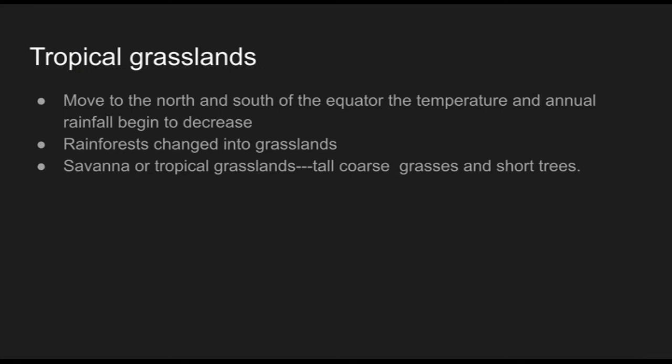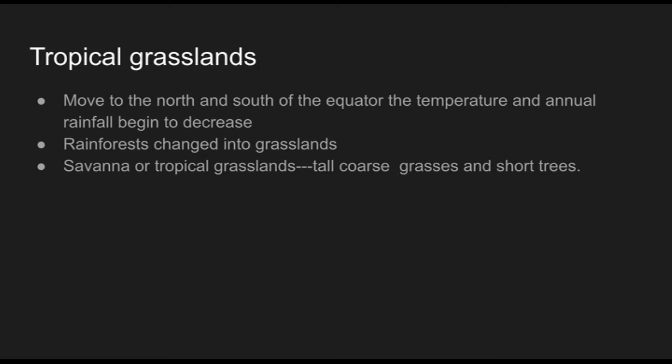Next, about the tropical grasslands. As we move to the north and south of the equator, the temperature and annual rainfall begin to decrease. The equator side is hot, with high temperature and high rainfall at the same time.